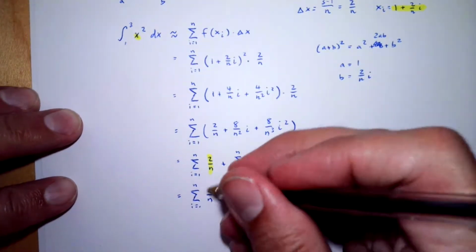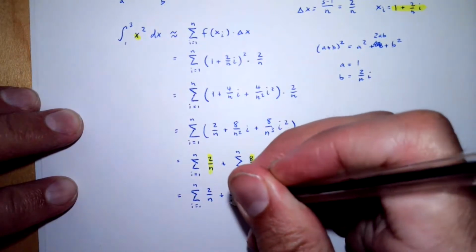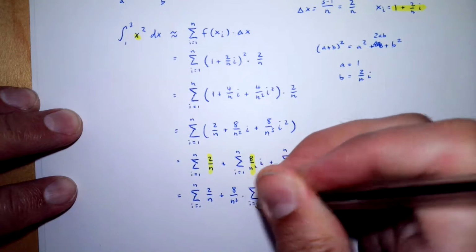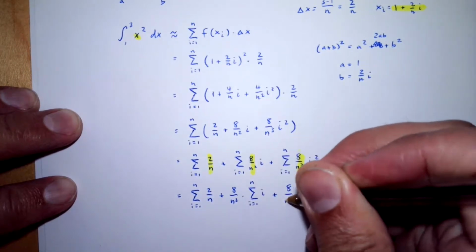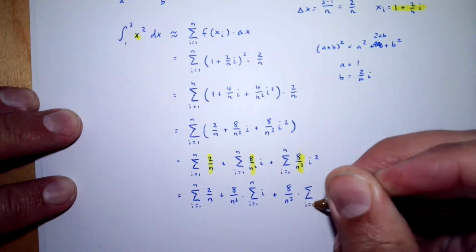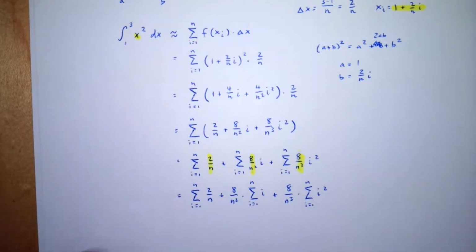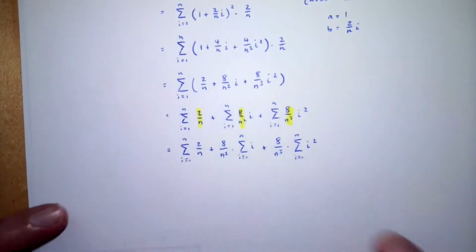So we have this n times, right? And then this one is 8 over n squared times the sum from 1 to n of i plus 8 over n cubed times the sum from 1 to n of i squared. Okay, now some more summation properties.